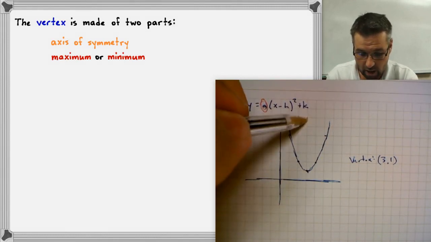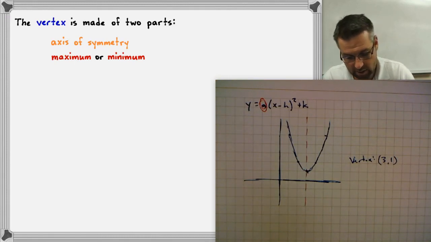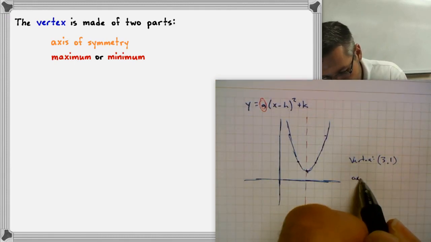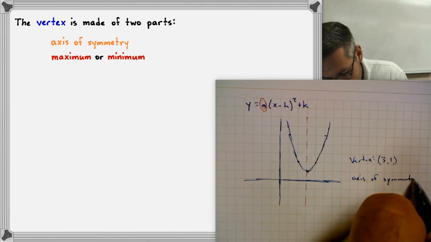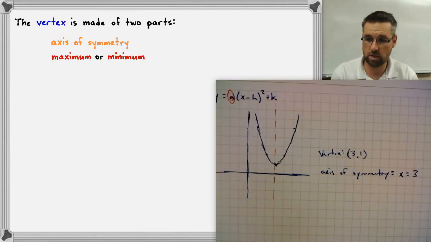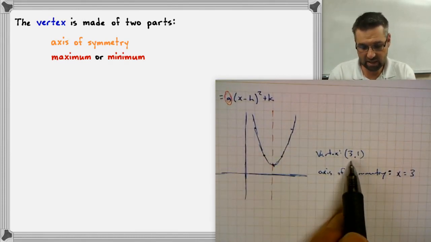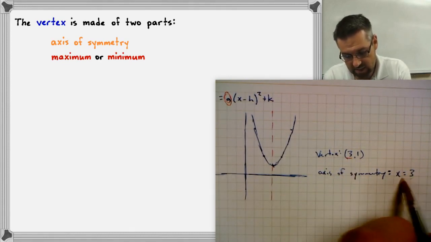It's made up of our axis of symmetry and either our max or min value. So we notice that the axis of symmetry is x equals 3, right? X equals 3. So we can see that the vertex has an x value that's the same as the axis of symmetry.